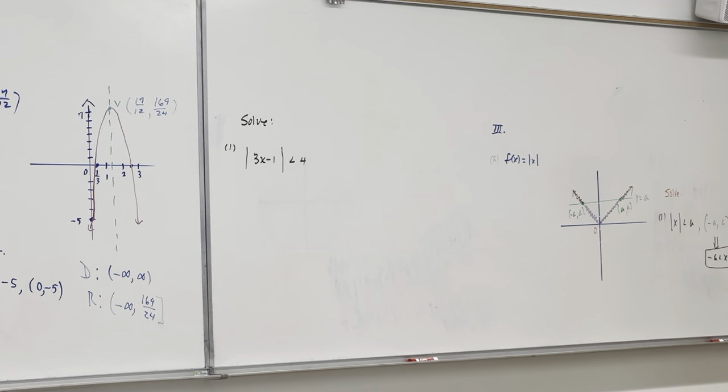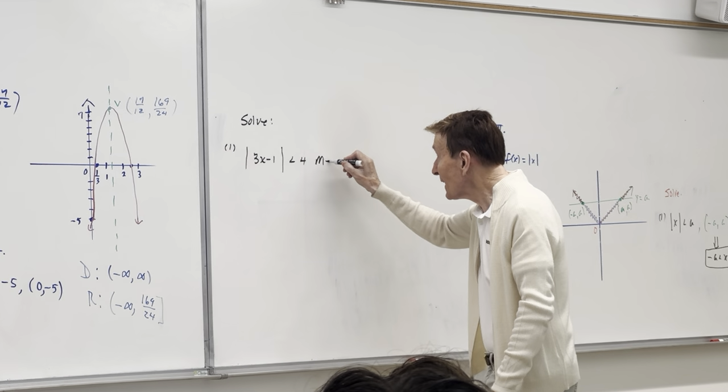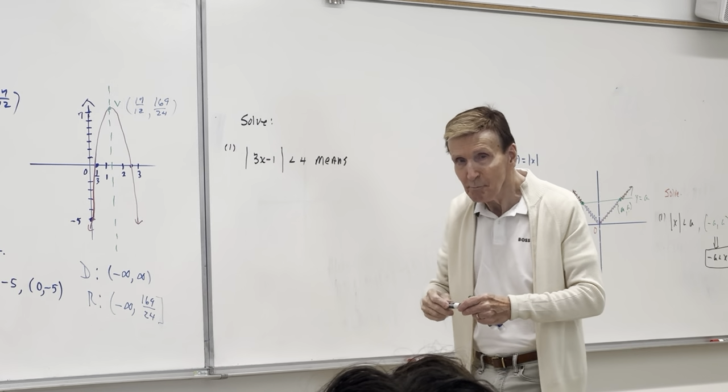Now, can someone tell me real quickly, drop the absolute value bars. Can anyone tell me what Corey just did for us? What does that mean?